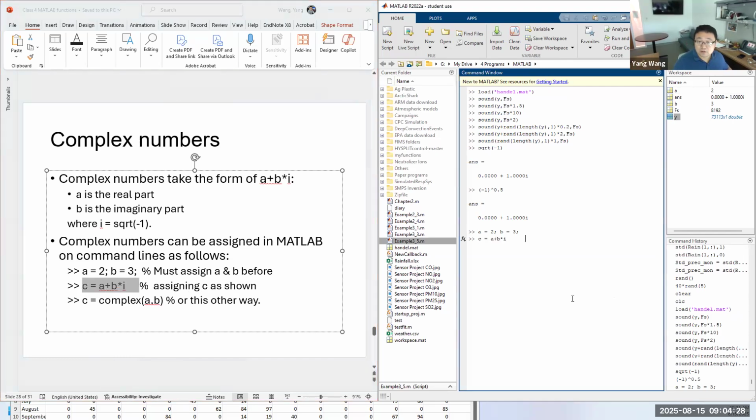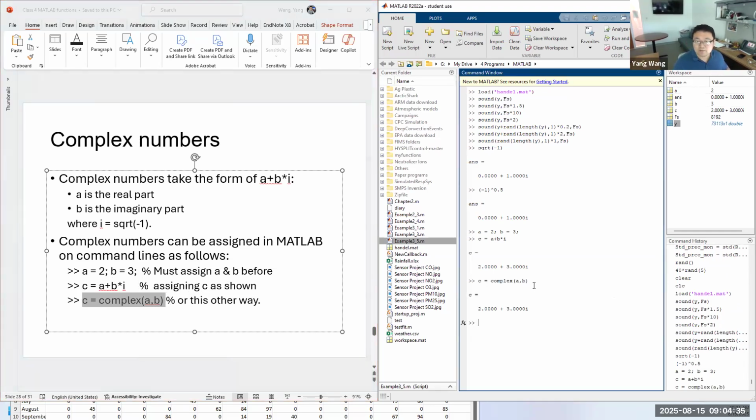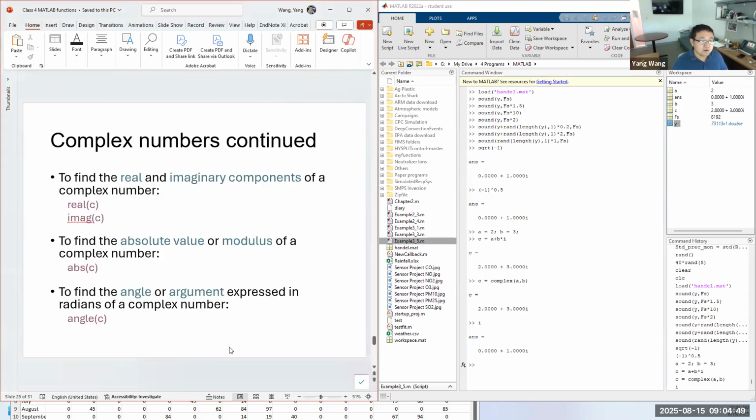Then let's try this. Okay. Yeah. So it can recognize i, right? i is recognized as the imaginary part of the complex number. Okay, it's predefined, right? So just like the pi value, i is also predefined.